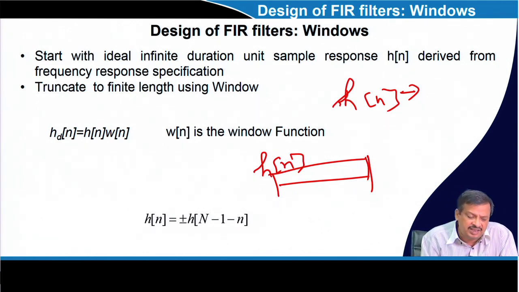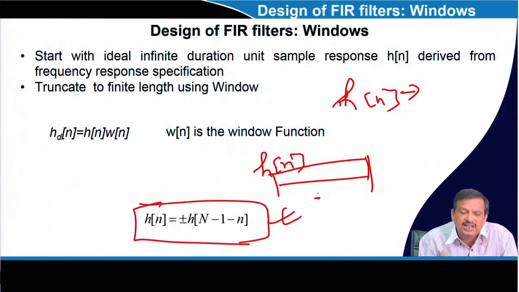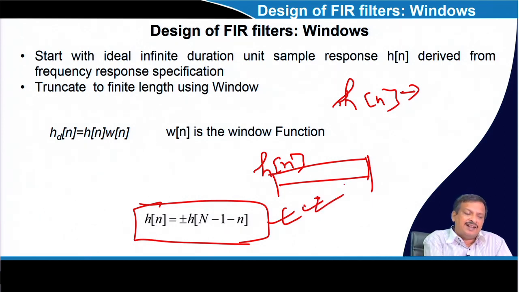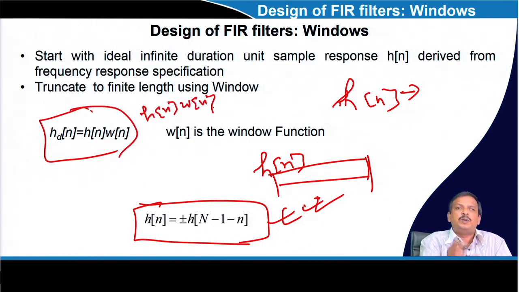And the second condition is that I have to have this for linear phase design. So, this is my linear phase requirement and this is my FIR requirement, that h of n must be multiplied by a window function which will be defined to cut that impulse response to a certain duration, the rest being 0. That is my window function.